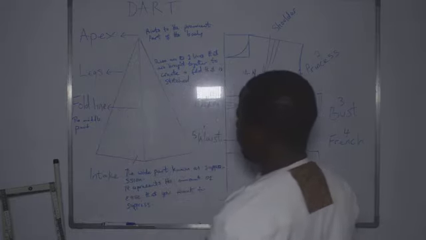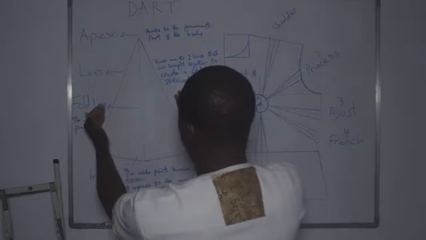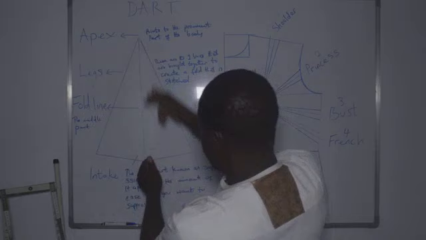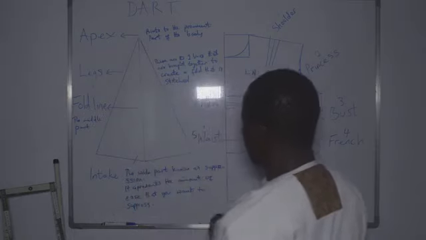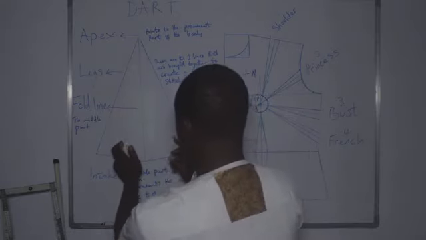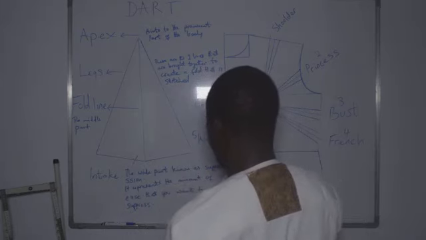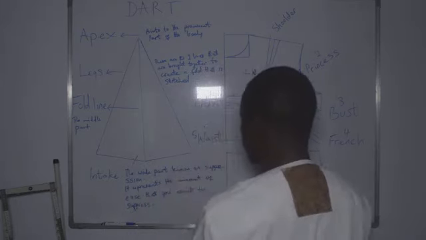Then we have the fold line. When you bring these two legs together, you are going to have a line which is at the middle of the dart, the middle point of a dart. Then we have the intake. The intake is the widest part of the dart, known as intake or suppression.